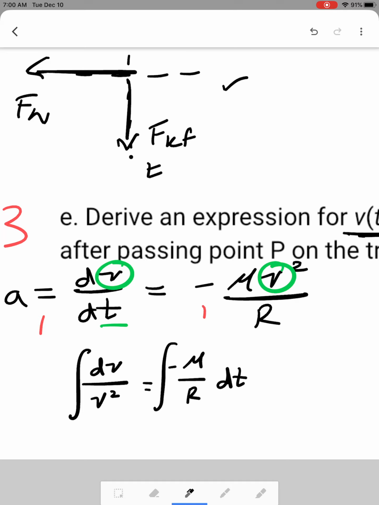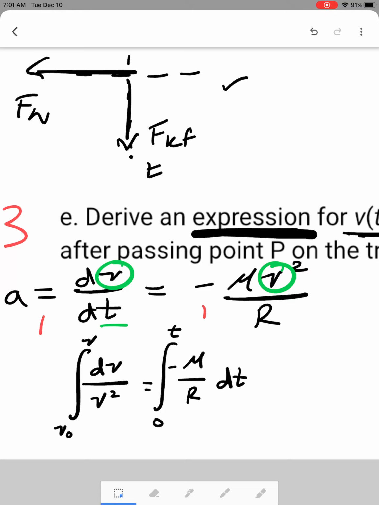Now the question is, what are my limits of integration? Well, we want to get an expression. This word is important because it means I want variables in there. I'm not going to get a number here. I want a general expression. So I'm going to evaluate t from 0 to t because t is always going to start at 0. I'm going to evaluate velocity from v initial to v because I don't know what my v initial is.